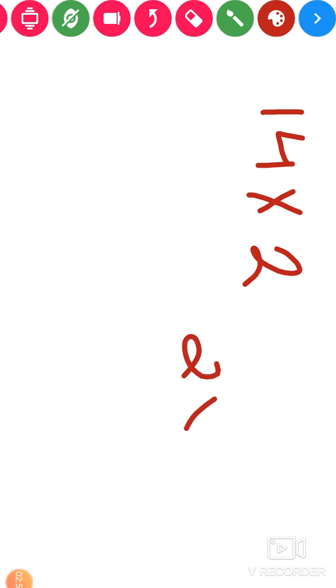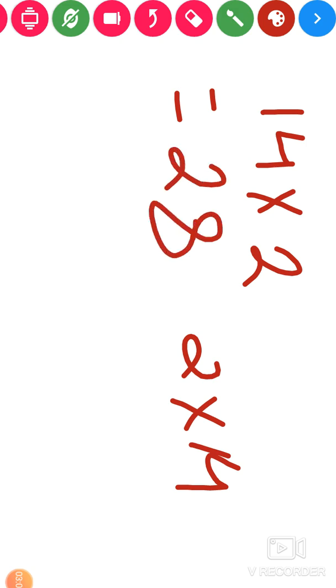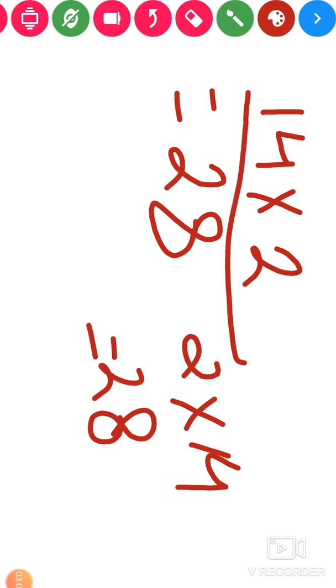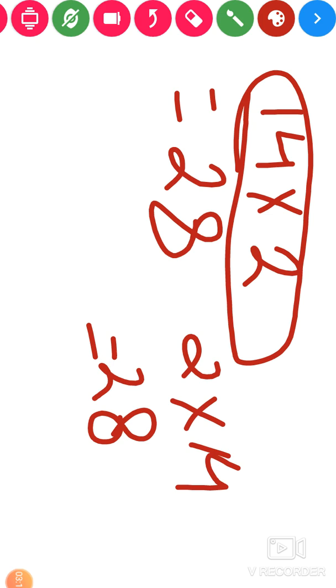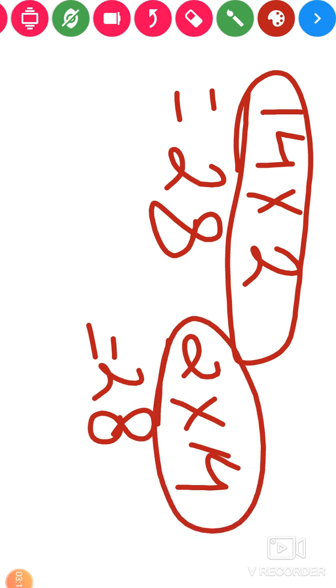That means if I have to multiply 14 into 2 or 2 into 14, I'll get the same answer. 14 times 2 is 28 and 2 times 14 is 28. Changing the order of the numbers will not bring any change in the answer.